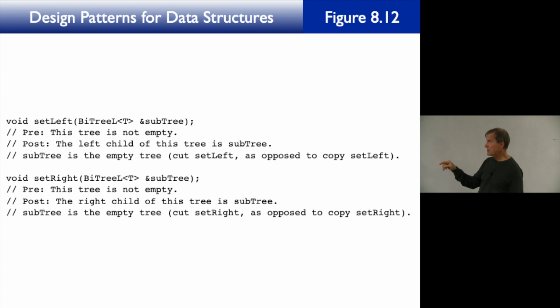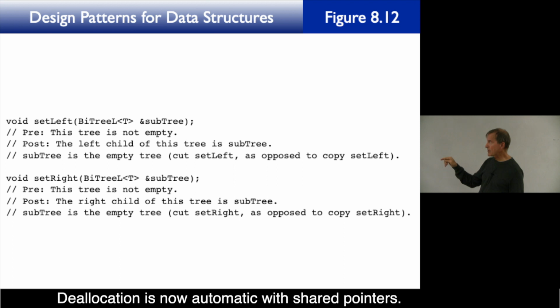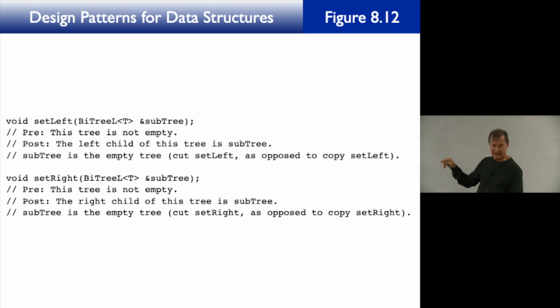And the postcondition is the left child of this tree is subtree, and the old left child of this tree is deallocated. Remember this is a cut set left, not a copy set left. So it doesn't make a copy, it actually cuts it out, which means that what used to be subtree is empty. So subtree is the empty tree is another postcondition.